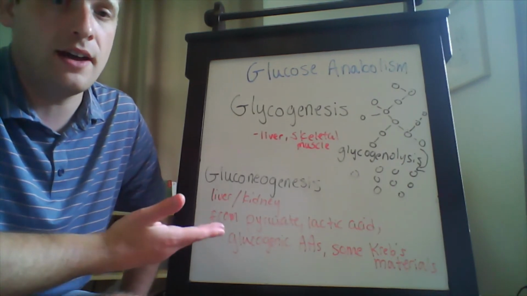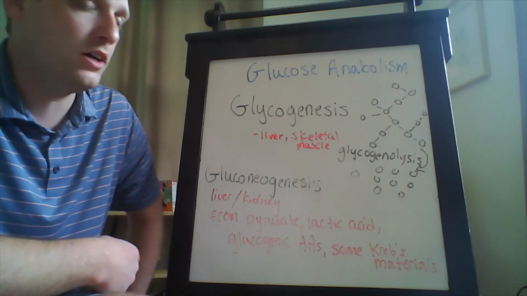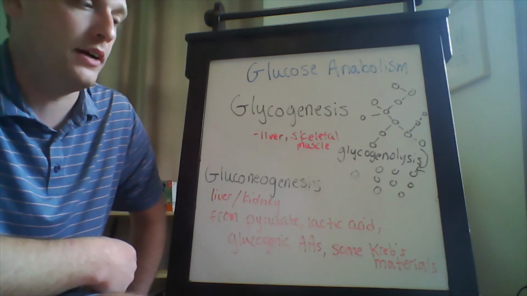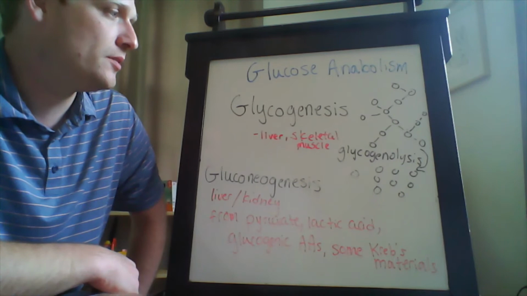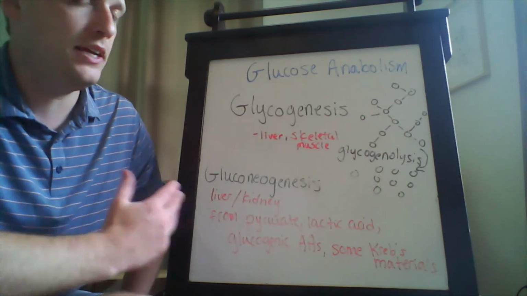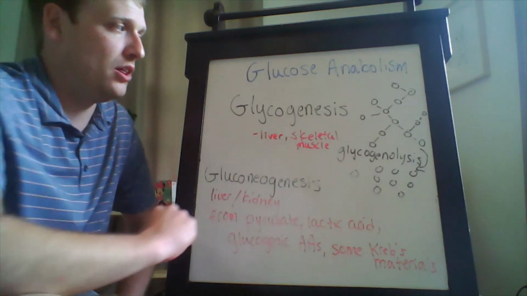And after that, they'll have to find other means of raising your blood sugar or producing glucose to use for other catabolic reactions. The process of breaking down glycogen into sugars that can then be used for energy is called glycogenolysis.